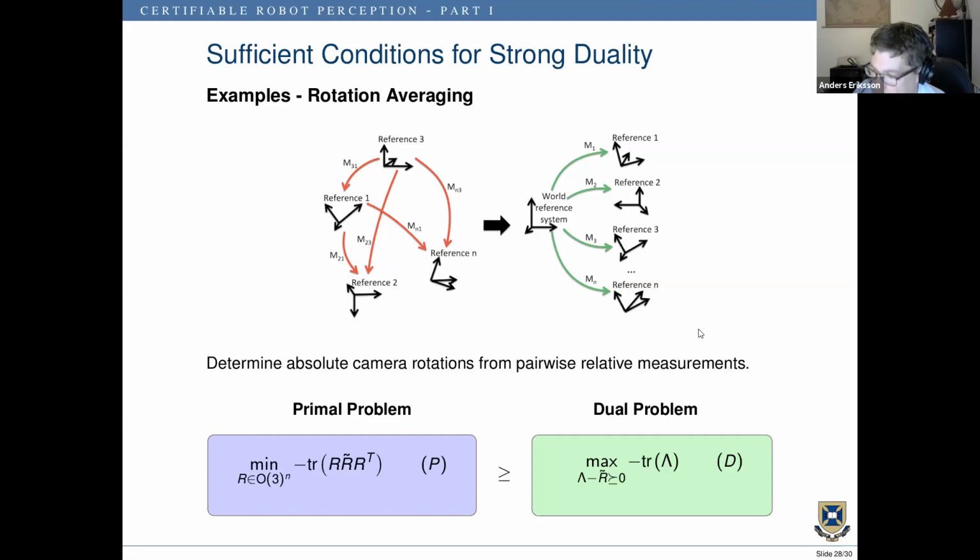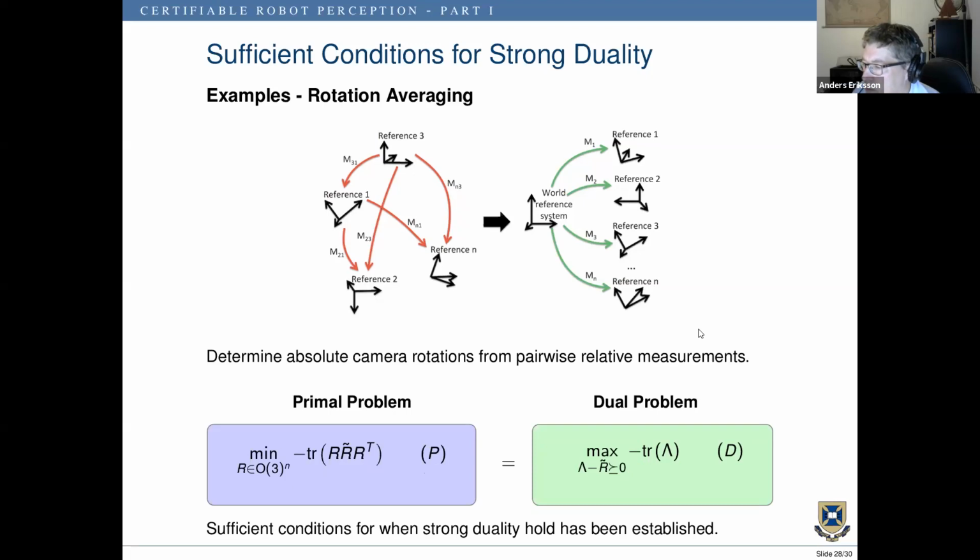But for this problem, you manage to show something slightly different. You can actually show beforehand, you don't have to check each individual solution, but you can provide sufficient conditions for when strong duality will always hold. So in this case, you can show that if the noise levels are sufficiently small, strong duality will always hold, which means that if those noise measurements are small enough, you can solve the dual problem, and you're guaranteed to always find the global minima.